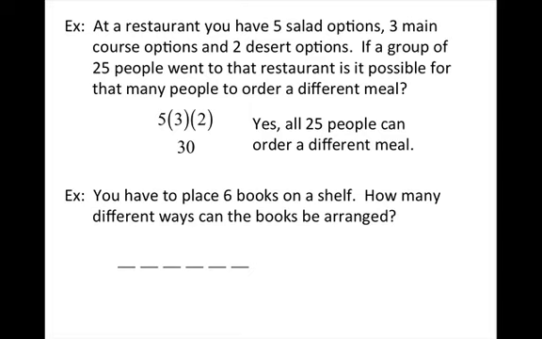Each blank represents a spot that a book is going in. And what I'm going to do, I'm going to put my number of choices for each book in that blank. So if I have a stack of 6 books, I have 6 choices for the book that I'm going to put first. So in that first blank, I have a 6.